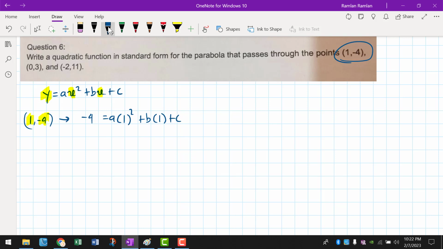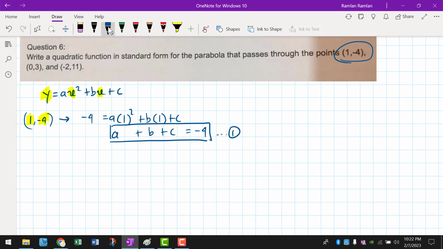I'm going to expand that. 1 squared is just 1, a times 1 is just a, b times 1 is just b, plus c, equals minus 4. So here we have the first equation. I'm gonna mark this with equation number 1.